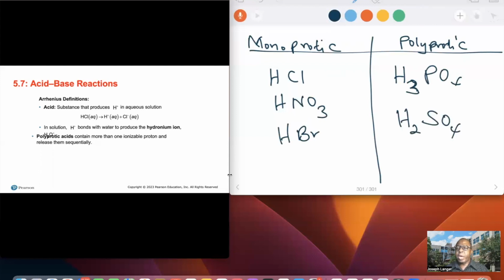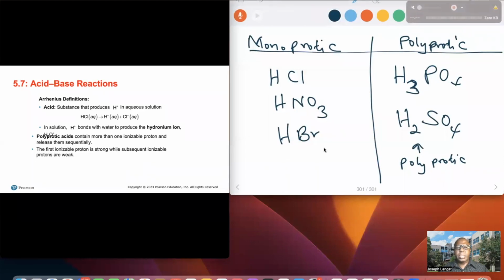If you look at the number of hydrogens, it is more than one. Therefore, we call this polyprotic acid because it has more than one ionizable hydrogen. To ionize is to produce ions. For example, here it has ionized to produce hydrogen ion. So if you're given in an exam or a quiz, which one of the following is polyprotic, or if you are asked to give an example of a polyprotic acid, you should know that these are just two examples. Given the formula, you should know what they are.